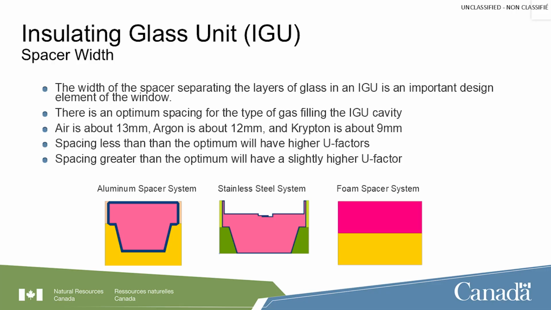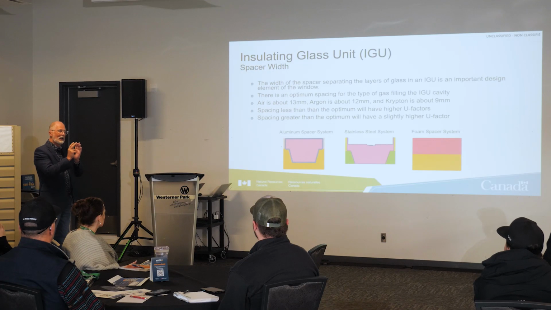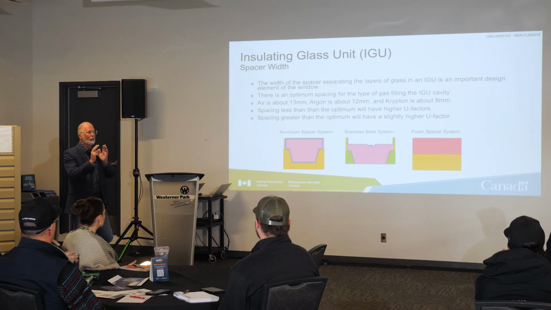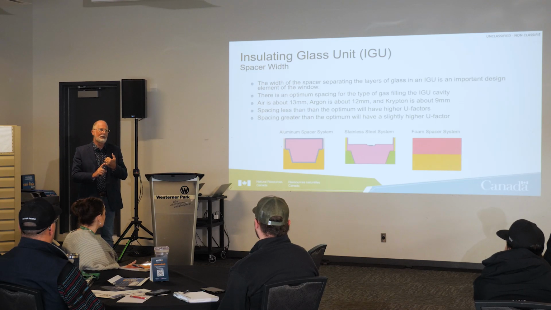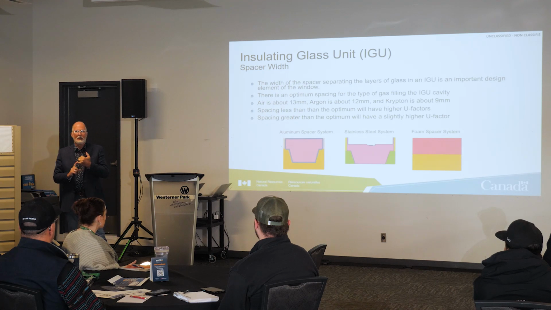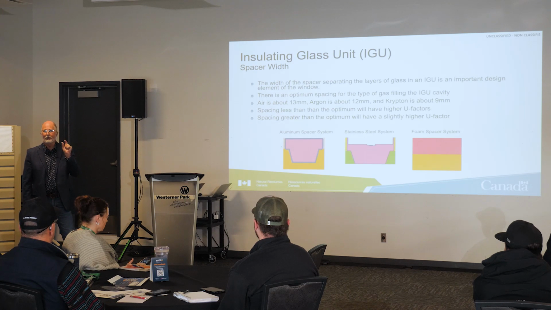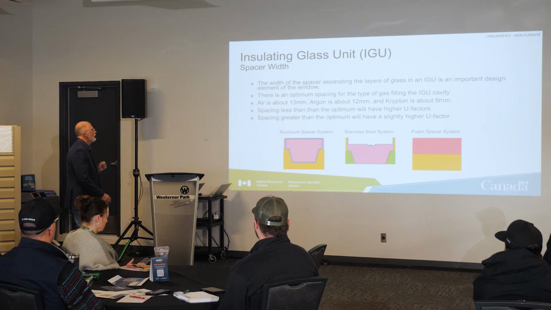The width of the spacer, right? The amount of space between the two pieces of glass makes a huge difference. So it's got to do with the convection occurring between the glass. So moving those in and out will impact that. But there's another thing that it impacts, and that's sound. So sound attenuation, when you put windows in, if you build in, say, for instance, Edmonton or Calgary, and you're near the airport, you have to adjust the width of the glass in those locations because there's certain vibrations, and by adjusting the glass, you can get rid of those.